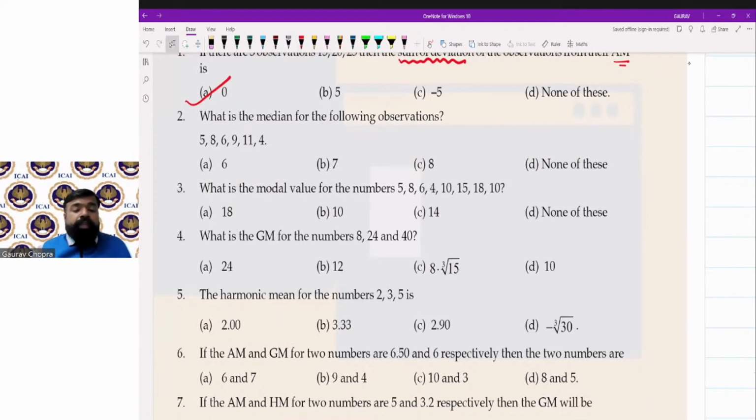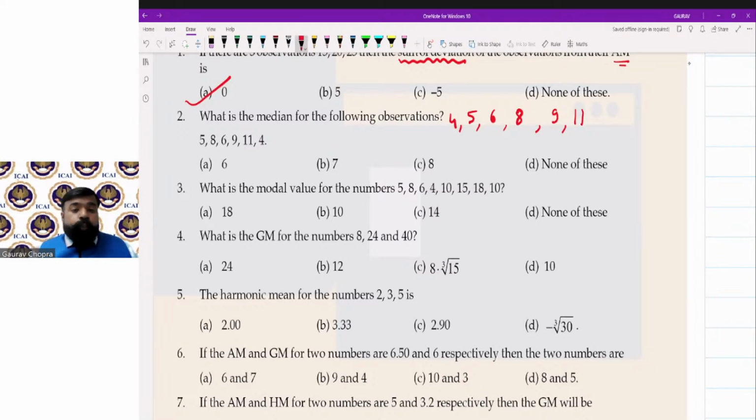For the second one, you have to calculate the median. For the median, arrange the series first. So 4, 5, 6, 8, 9, and 11. We have arranged the digits in ascending order. Now what is the rank?